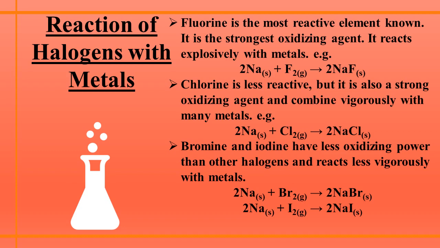The next members of the group are bromine and iodine. They have less oxidizing power than other halogens and react less vigorously with metals. Here you can see in the equation sodium is reacting with bromine and forming sodium bromide, and sodium is reacting with iodine to form sodium iodide.